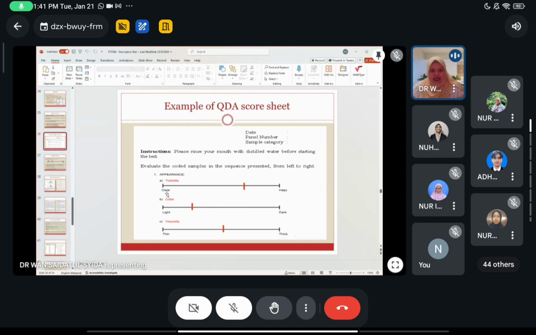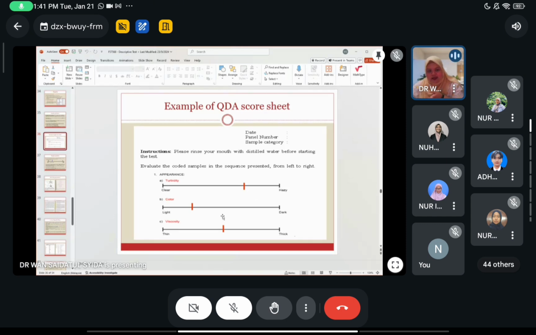So it may be less brown, light brown, or dark brown, or low to high. If you cannot think of the scale intensity, to be safe, you just write low, high. Very simple, low to high.